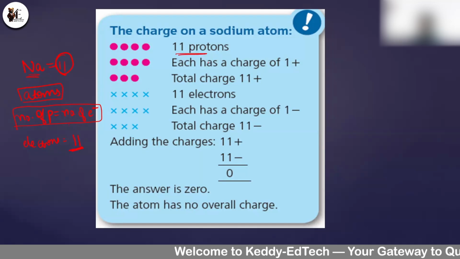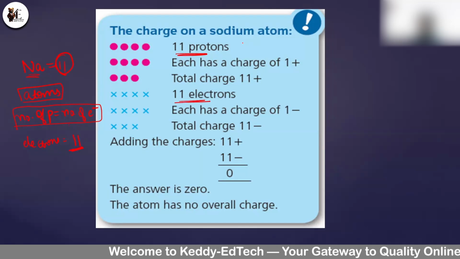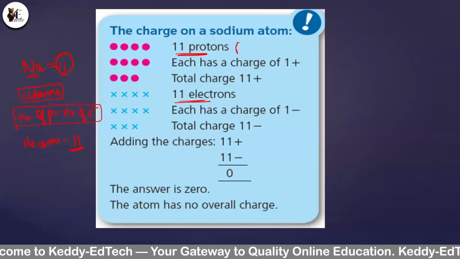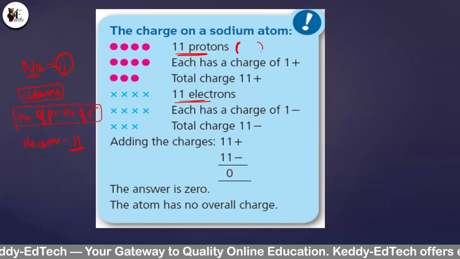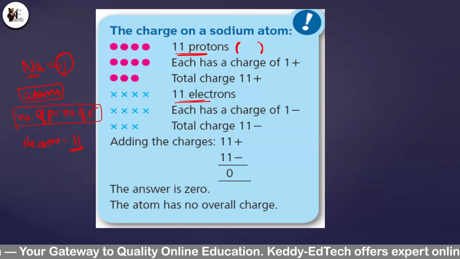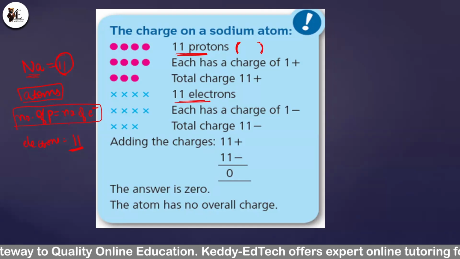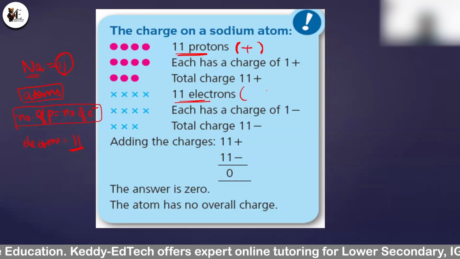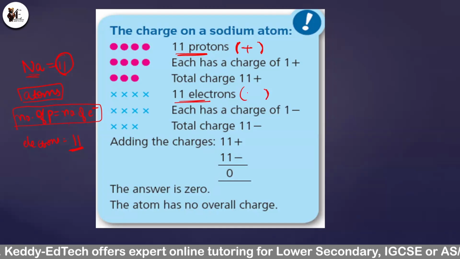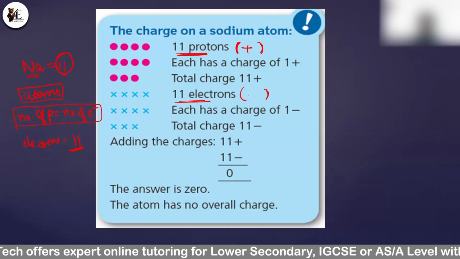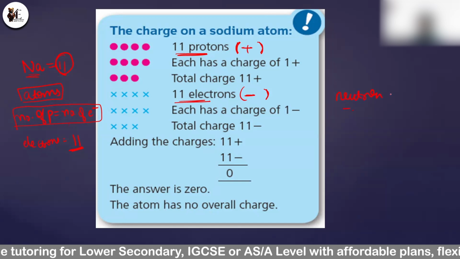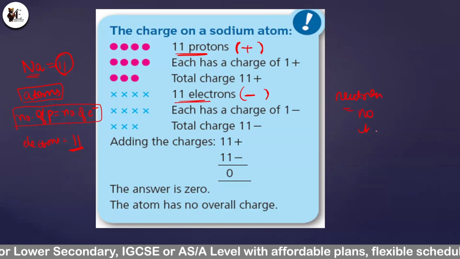So it has 11 protons and 11 electrons. What is the charge on a proton? Positive or negative? Proton is positive. And electron is negative. Neutron has no charge.